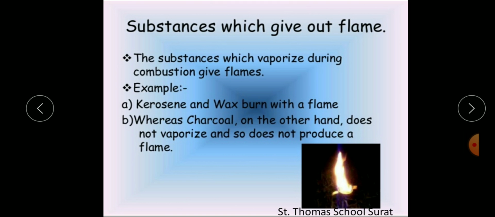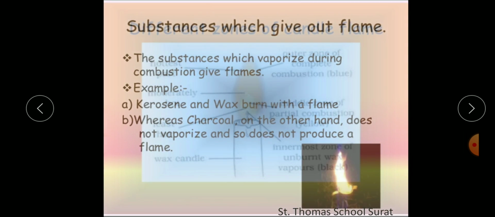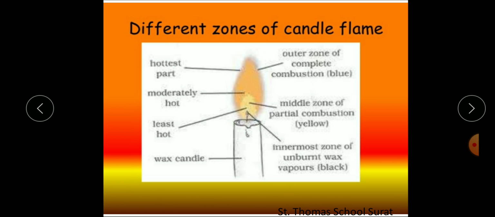Next is different zones of candle flame. There are zones of a candle flame. A candle flame has 3 different color zones. They are dependent on the amount of oxygen which is available. Okay, so let's see what is the structure of this candle.